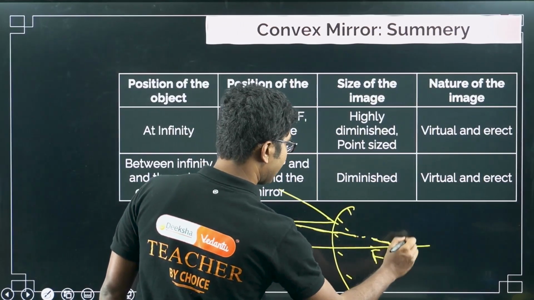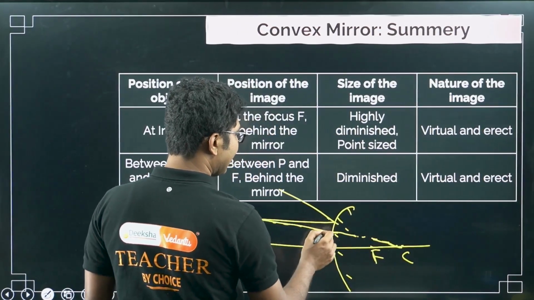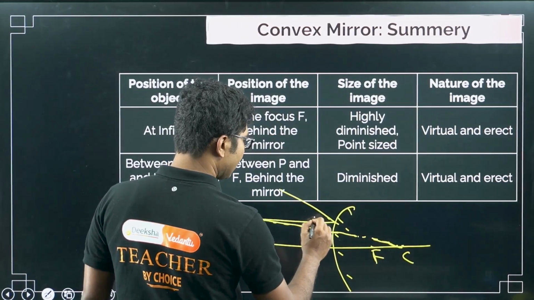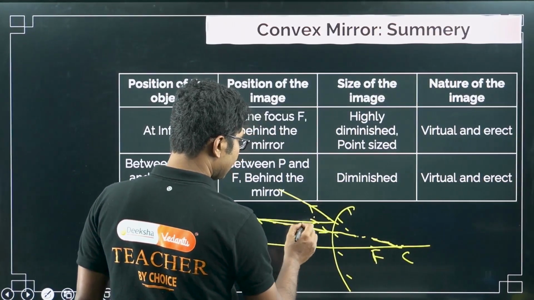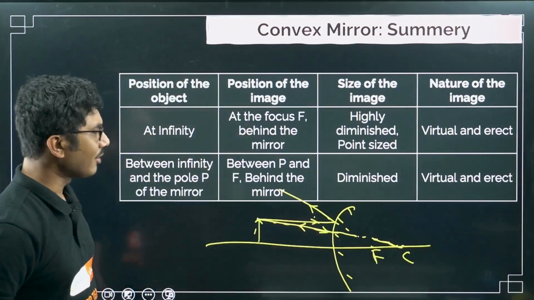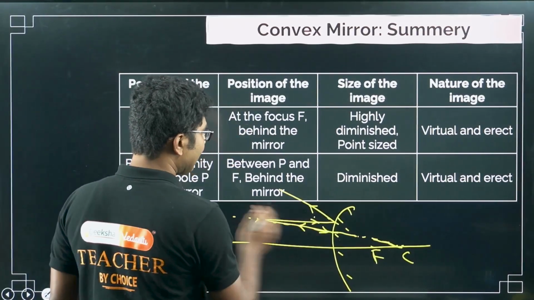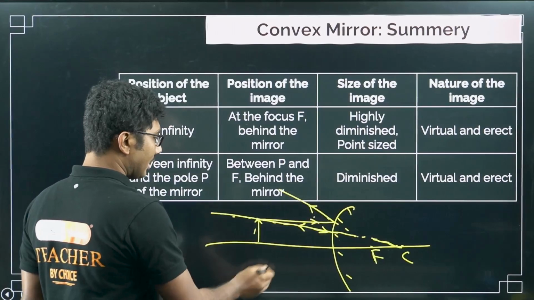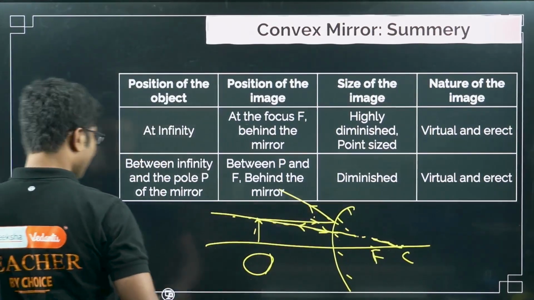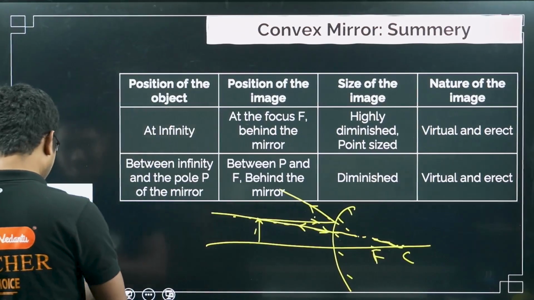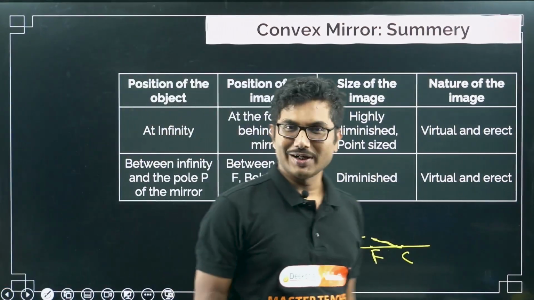If you draw it using a scale, it will be perfect. This ray is going in this direction, reflecting along this direction. This ray is going in this direction, it is reflecting in this direction. So they are not actually meeting in the real world. This is the real world, the world that we live in, and this is the mirror world. If you are a fantasy fan like me, then you know what the mirror world is, right?